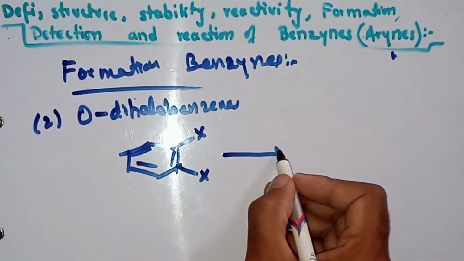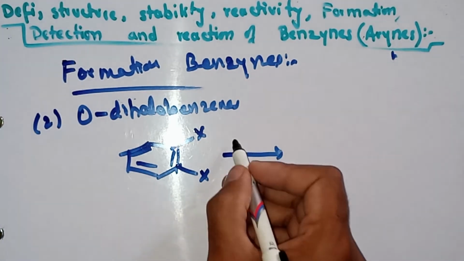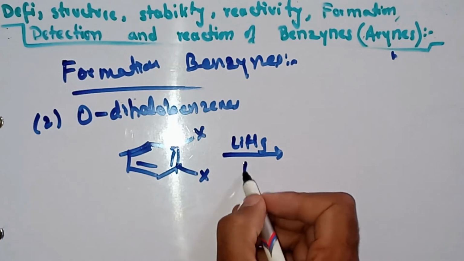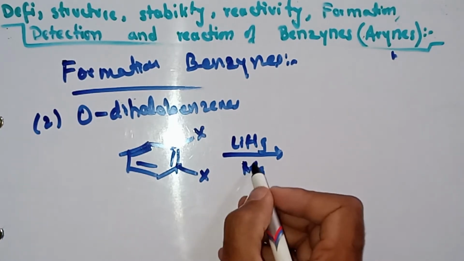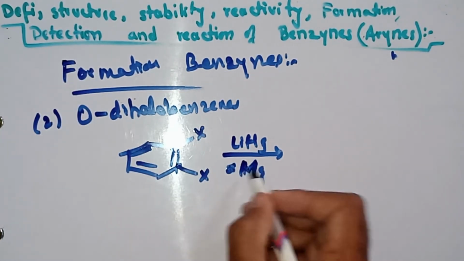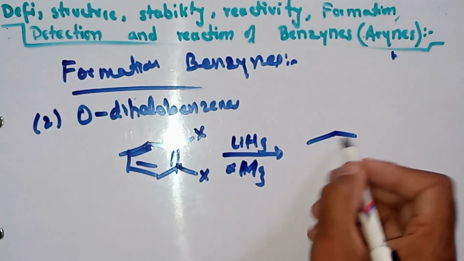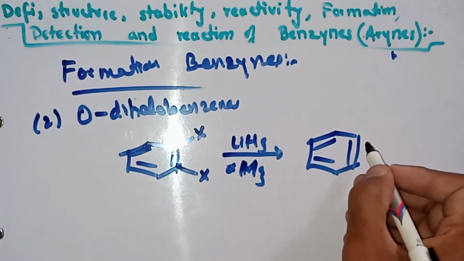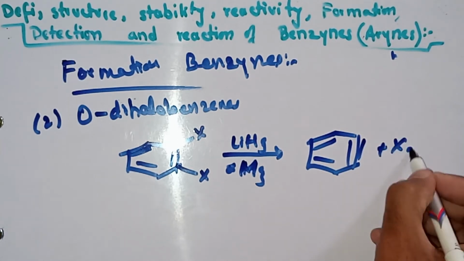In the presence of lithium amalgam, or in the presence of magnesium, it will generate benzyne plus X2.